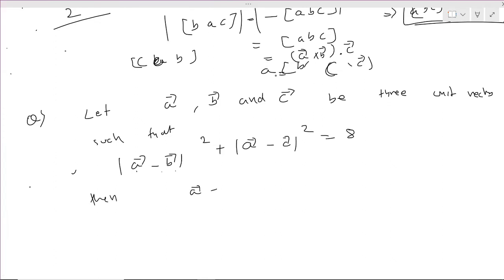Then mod A vector plus 2B vector whole square plus mod A vector plus 2C vector whole square is equal to dash.